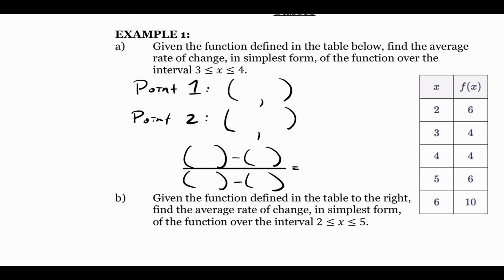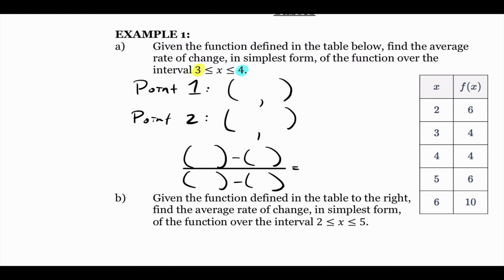So using a table, you just look at the table. Where am I starting? Well, I'm starting at 3, finishing at 4. You notice how right in between the 3 and the 4, there's an x. That means x. So which point goes with when x is 3?